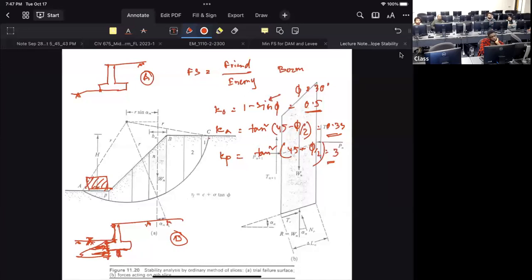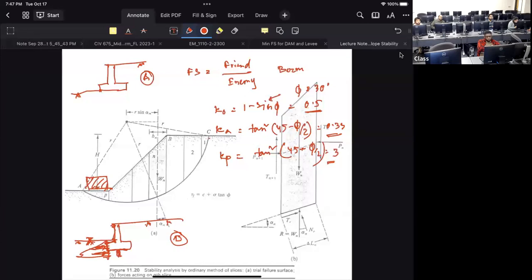And if you're even pushing it harder, not only just staying there but also pushing the soil back, then the resistance from the soil will be much higher.